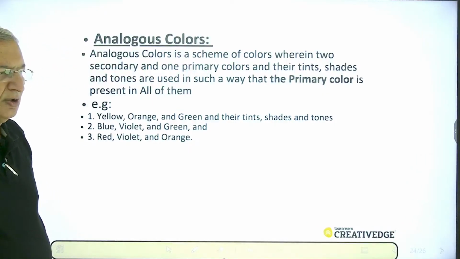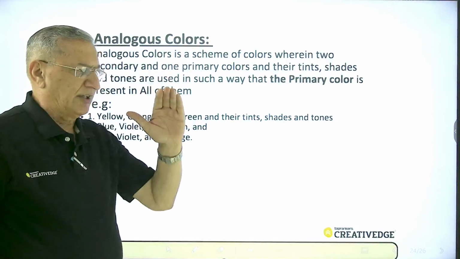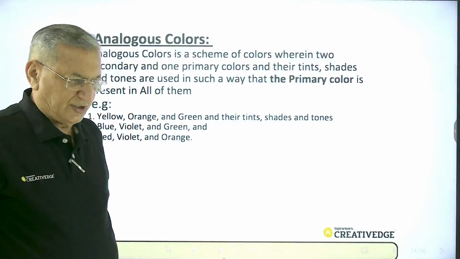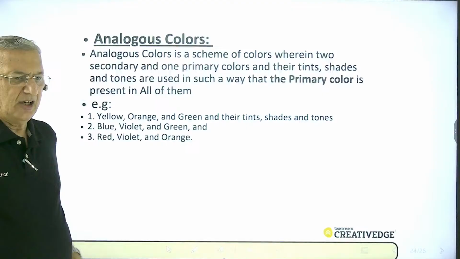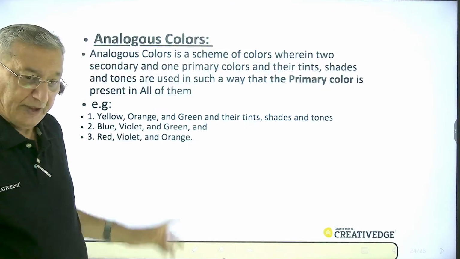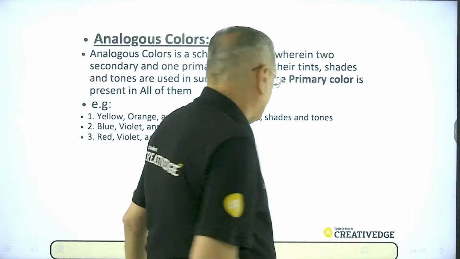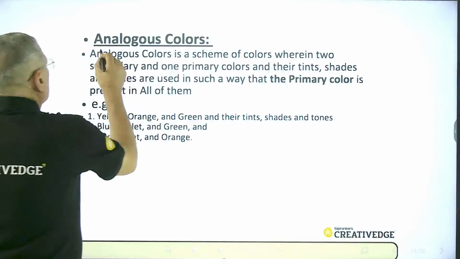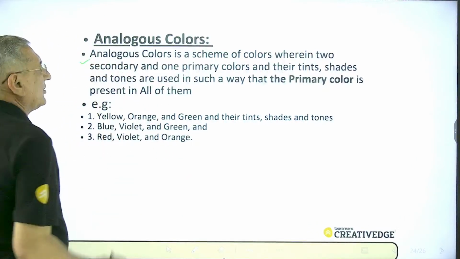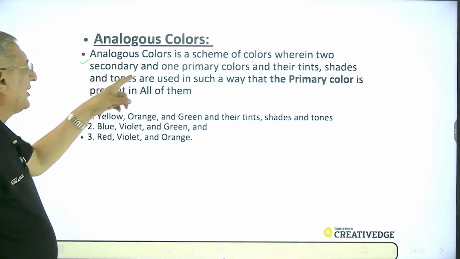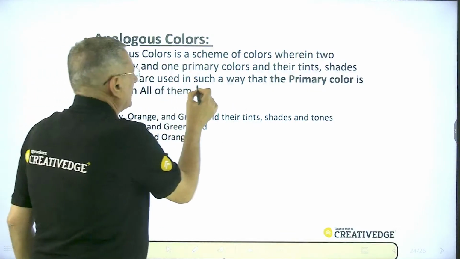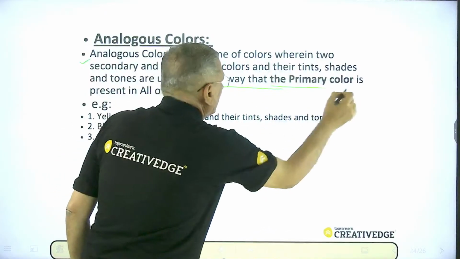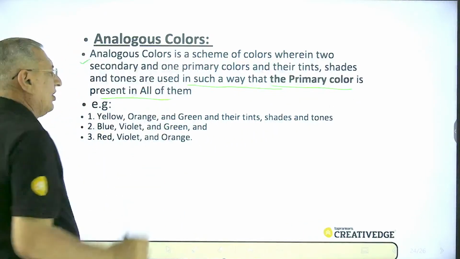Analogous color, although it was explained as side by side colors, 3 side by side colors to each other. However, truly speaking, that was for the additive color wheel. Here in the subtractive color wheel you can understand analogous color as a scheme of color wherein 2 secondary and 1 primary color and their tints, shades and tones are used in such a way that the primary color is present in all of them.